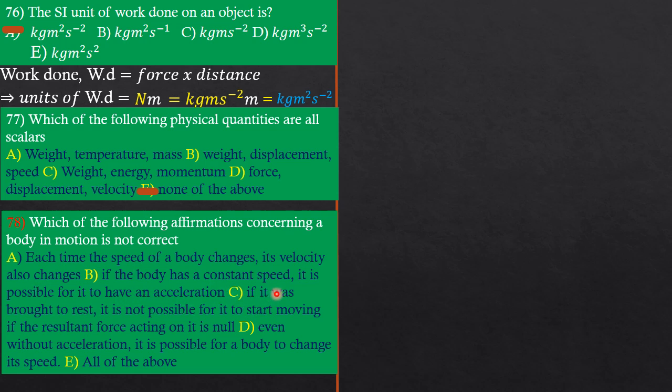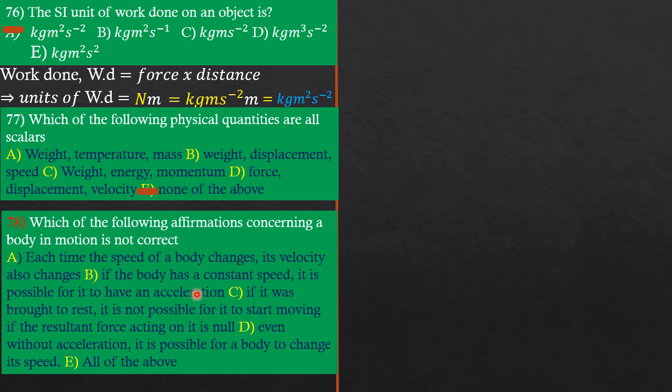All right. Then option C, guys, is saying that if a body was brought to rest, it is not possible for it to start moving if the resultant force acting on it is null or zero. This option is correct, guys. It is correct because if a body must be put into motion, it therefore means that the force that causes the motion of that object must not be zero.